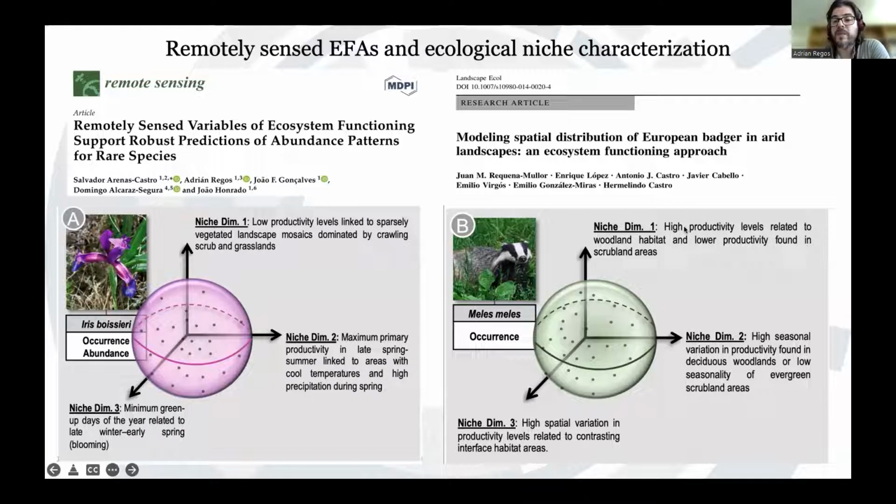So they found that the variability in primary productivity along the year was a good proxy for the food resources and habitat conditions for this mammal. In this other study, Salvador Arenas-Castro and colleagues were able also to predict abundance and also the distribution across different scales for this endemic plant species, the Iris boisseri, which is endemic to northwestern Iberia.